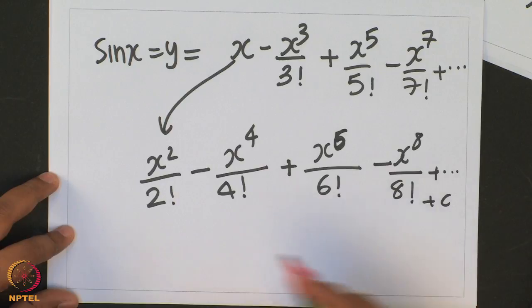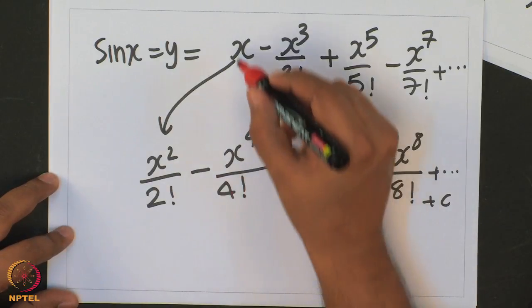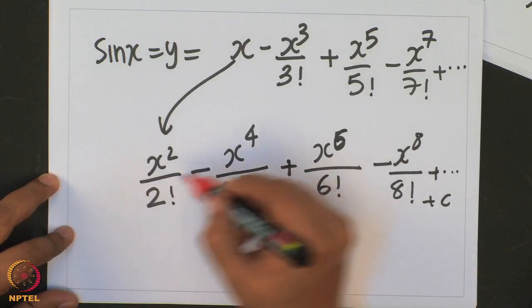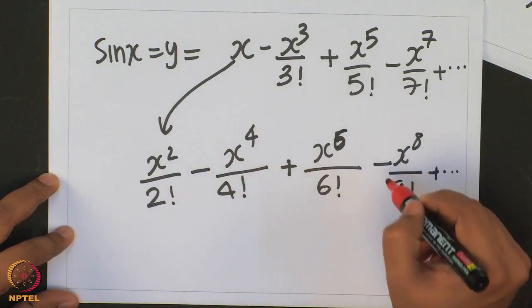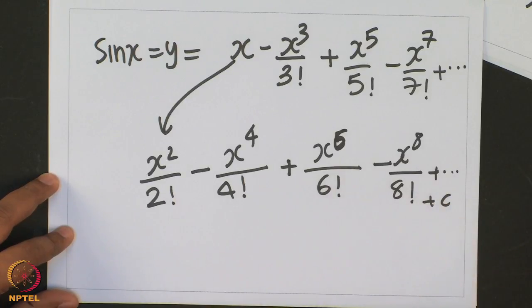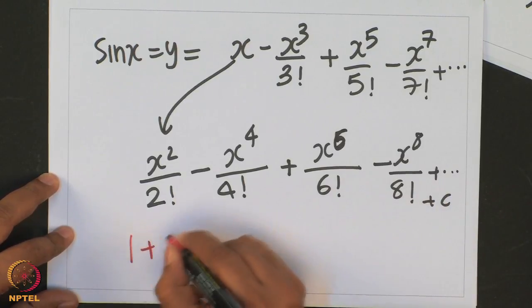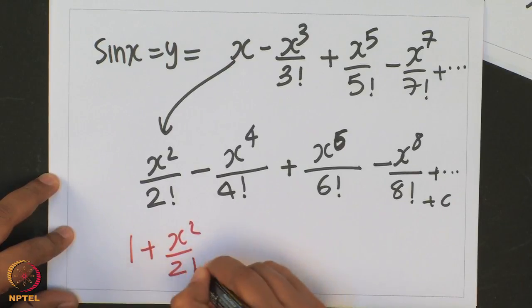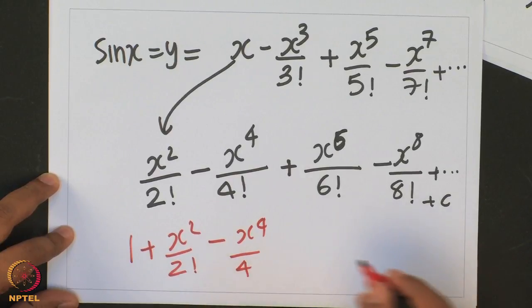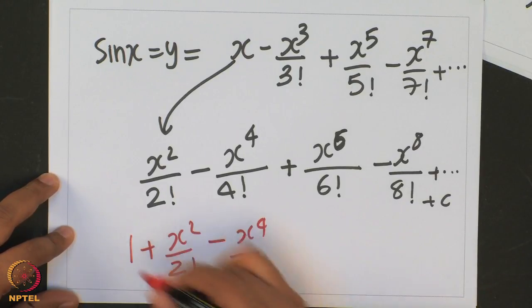Now if we look at term by term, this term comes with a plus sign, this term comes with a minus sign, and the answer will be minus cos x.